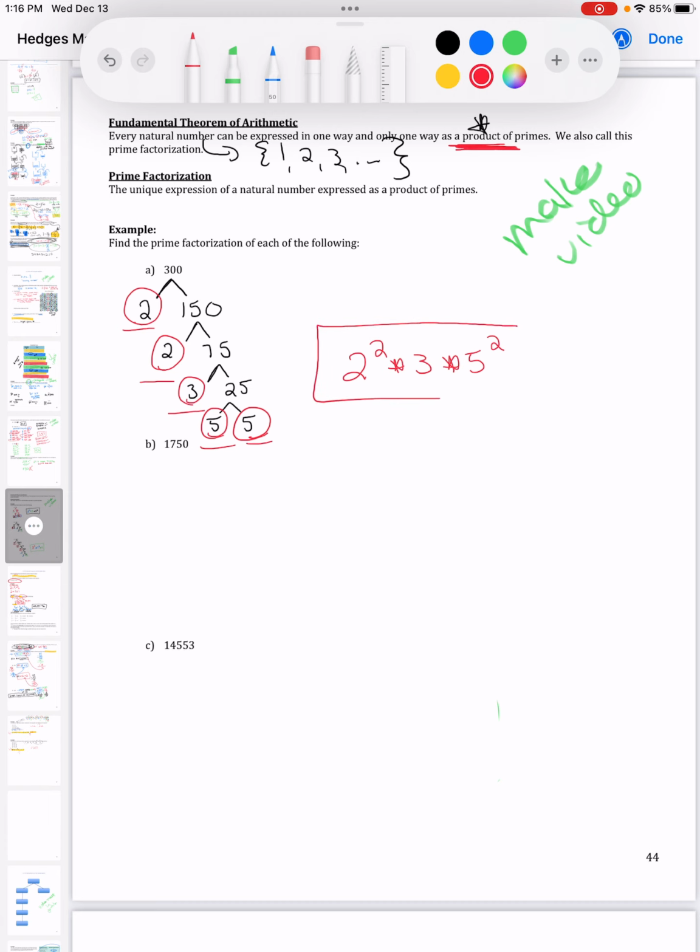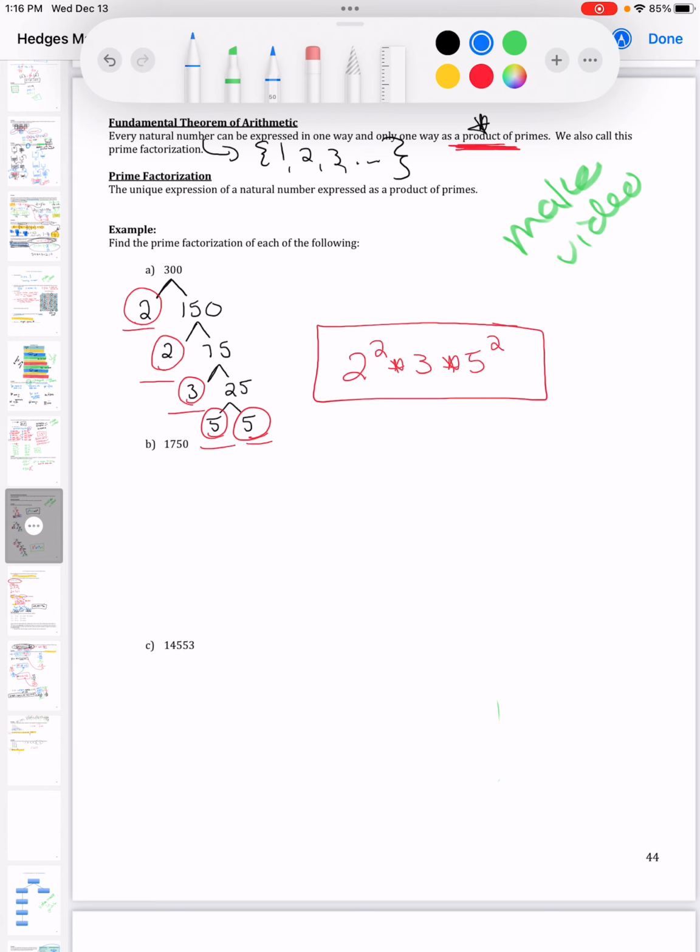So that is going to be my answer. I'm going to leave it just like this. You can check yourself with these. If you type that in your calculator, you're going to get out the answer 300. The order technically doesn't matter because the order that we multiply things in does not matter. Let's see, 7 times 3 is the same thing as 3 times 7. They're both 21. So the order technically doesn't matter the way that you type them in or write them out.